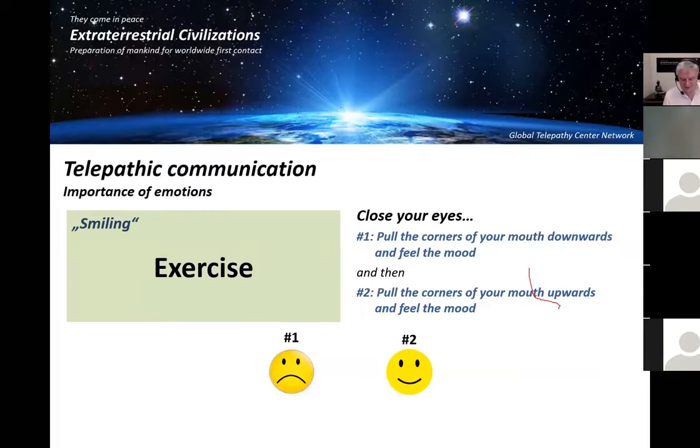So sit in an upright position, and close your eyes, please, and focus on your breath, breathe slowly and evenly. And now pull the corners of your mouth downwards and feel the mood. And now pull the corners of your mouth upwards and feel the mood again.